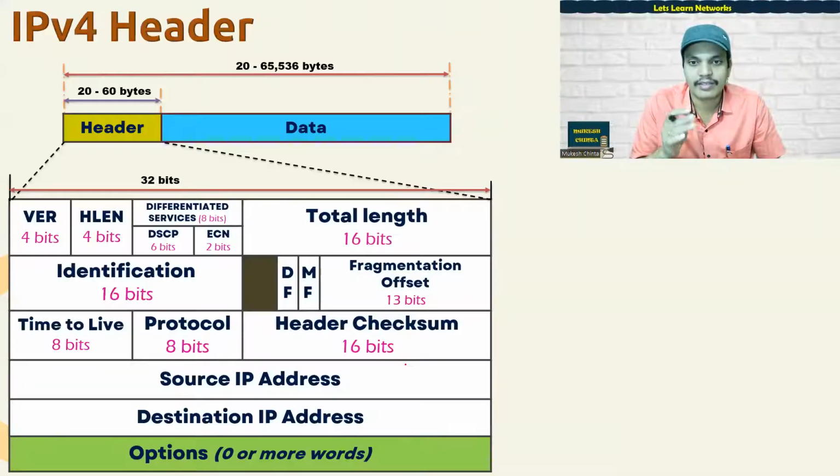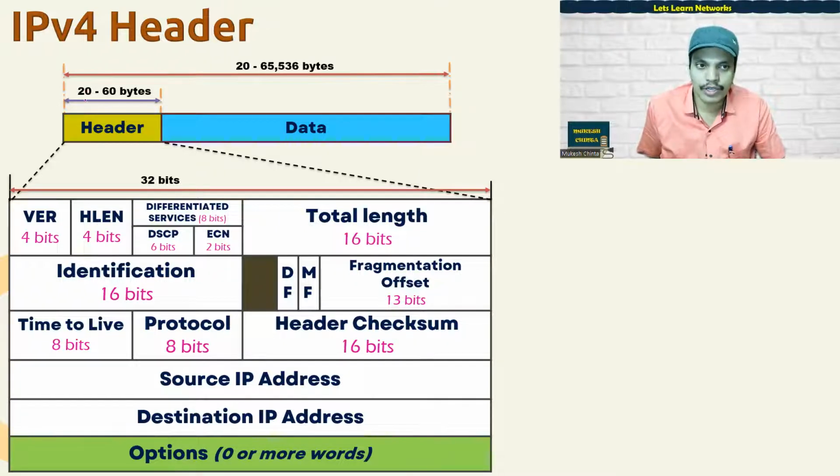With this, let's see what an IPv4 header looks like. Obviously, as I told you, IP's main duty is to route the packets from source to destination. You can see the header data is present here. There are two parts in your IPv4 header. The first one is the header part, and the second one is your data portion.